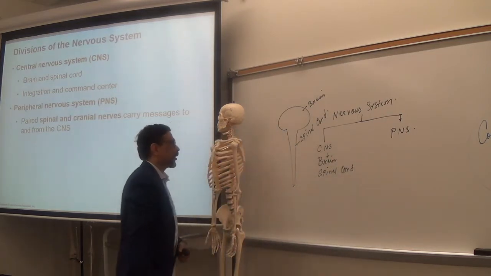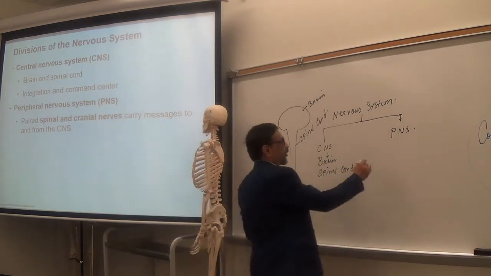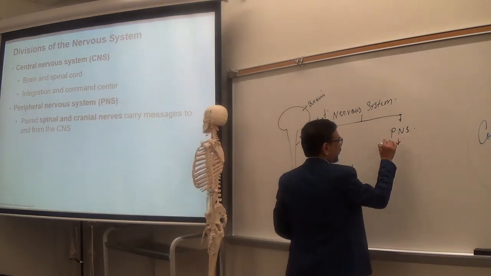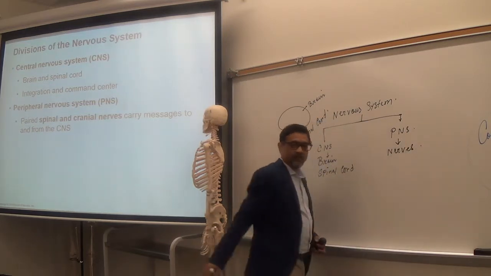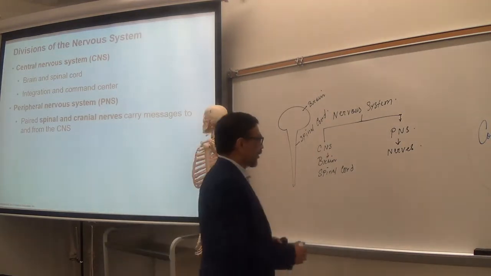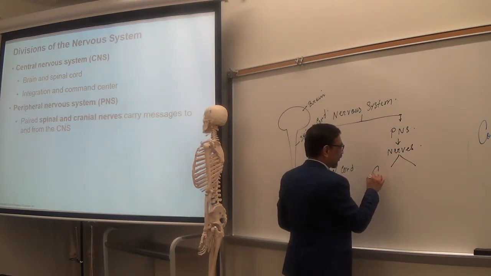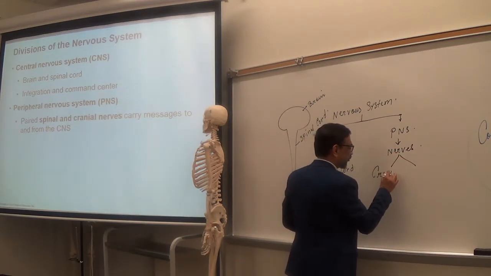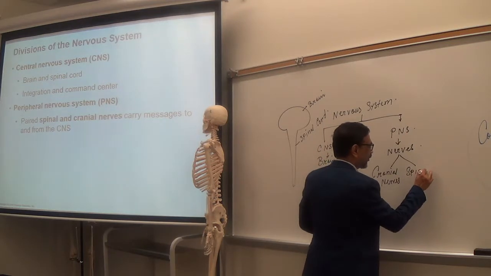Peripheral nervous system consists of nerves. Okay? And nerves could be different types. Cranial nerves and spinal nerves.